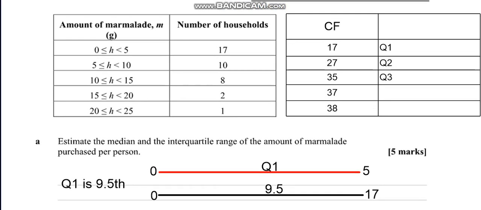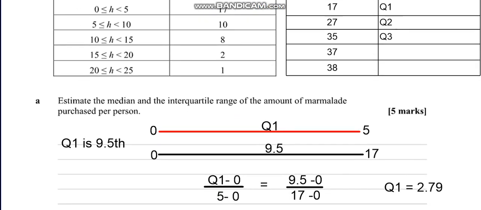Okay, so working out quartile 1, it's the 9.5th. I know it's in the group 0 to 5, and I know there's 17 values going from 0 to 17. So I've got these two lines here. This one here is showing me the class width. This one's showing me the data, how many pieces of data in that class.